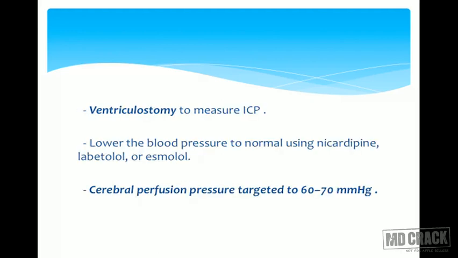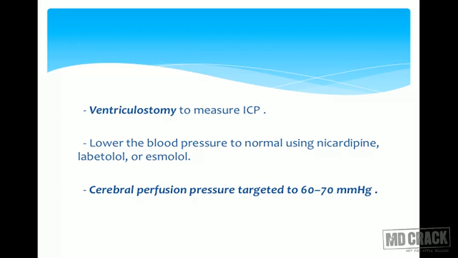For hydrocephalus, we may need to do ventriculostomy. Most of the time it's very difficult to gauge the intracranial pressure, so you need to do ventriculostomy to measure the intracranial pressure. And accordingly, we can lower blood pressure to normal using nicardipine, labetalol, and esmolol.